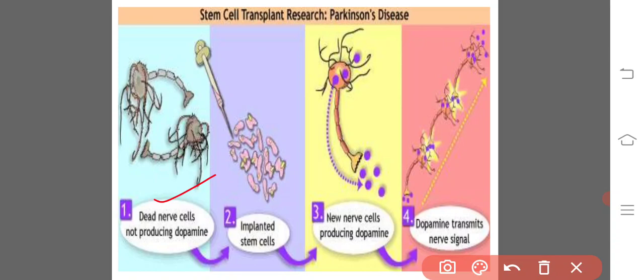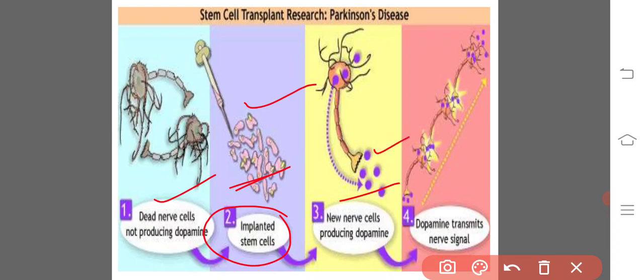So, to treat this, stem cells which can make neurons that secrete dopamine are derived from mice embryonic stem cells. Human embryonic stem cells are also utilized. Then they are implanted and they differentiate into new nerve cells.